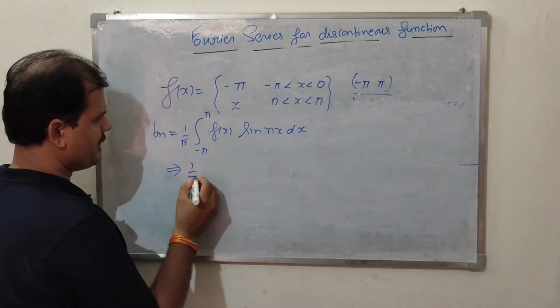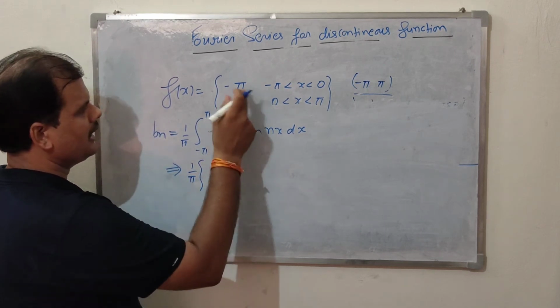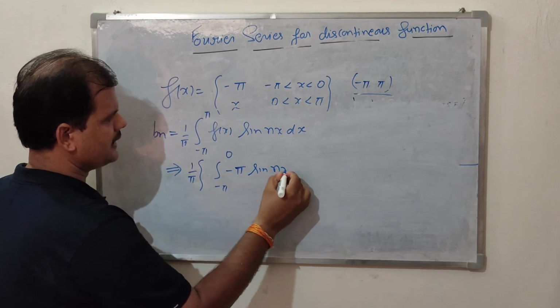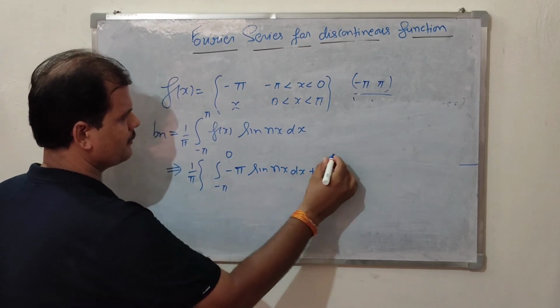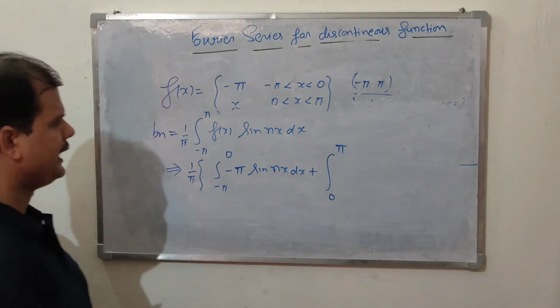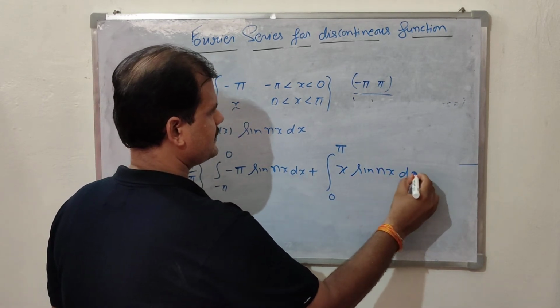So we get 1 by pi, and minus pi to 0, where f equal to minus pi, sin nx dx, plus 0 to pi x sin nx dx.